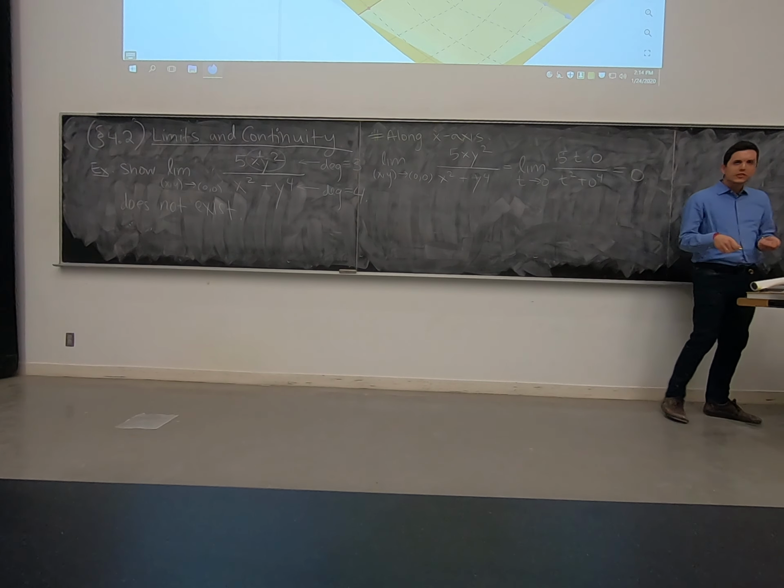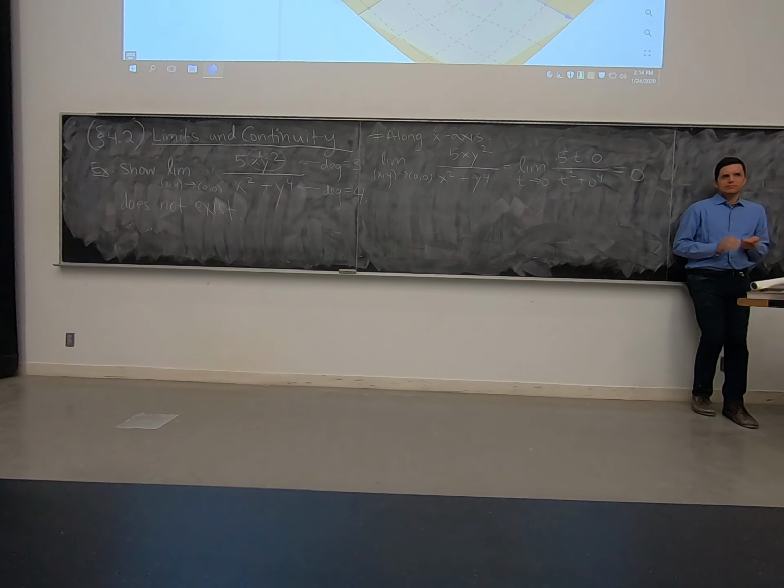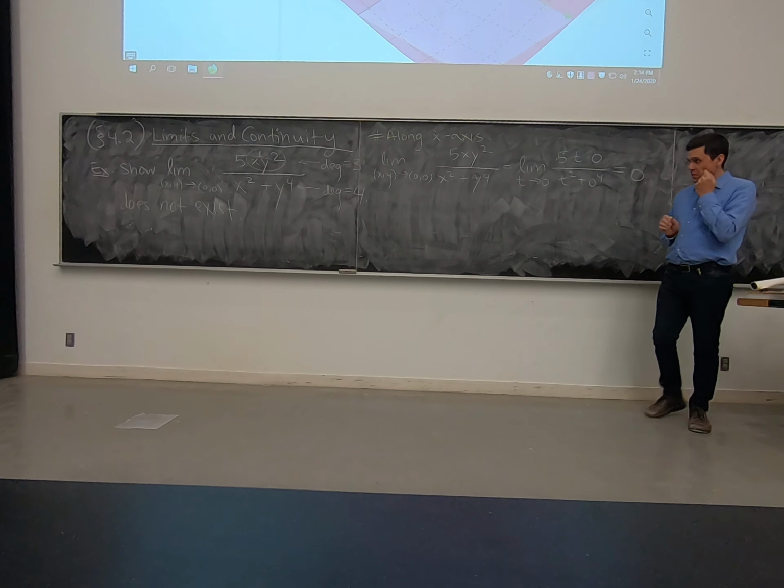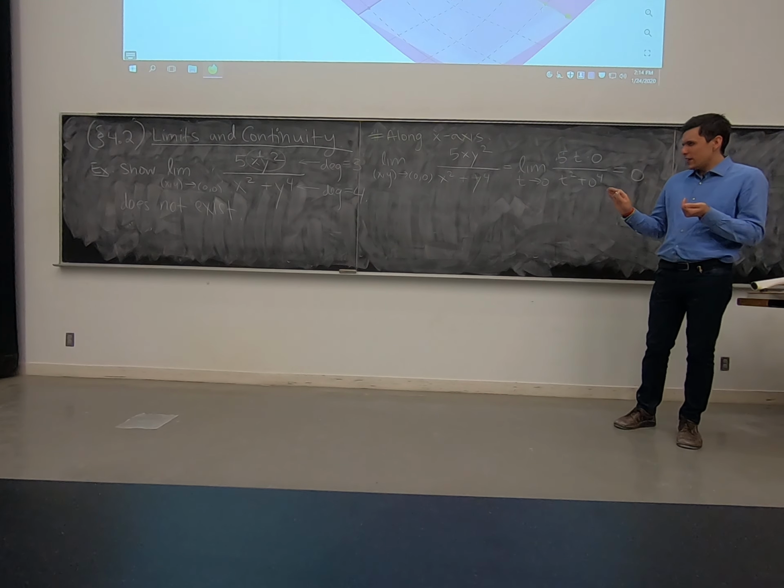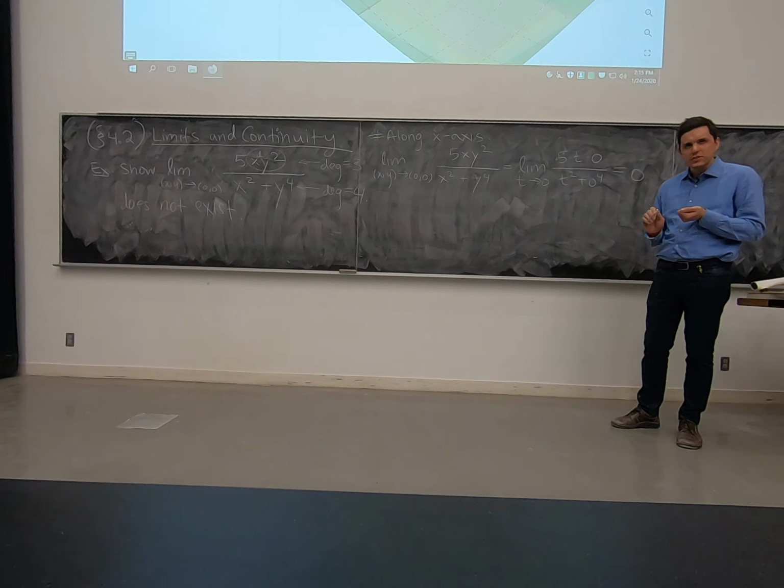Okay, that's lovely. We're always limiting 0. But now we want to really stare at this, and we want to figure out how on earth could we make the degrees equal? It's not obvious.